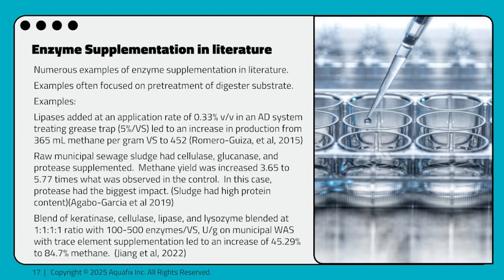And then in the third study, we're seeing all the way up to an 85% increase in methane. A lot of these literature studies are more of a proof of concept perspective on whether the enzymes will work or not. So they're almost always focused on pre-treatment systems, and they're almost always using a very high dose rate of enzymes to ensure they're not missing any potential interaction between the enzyme and the substrate.